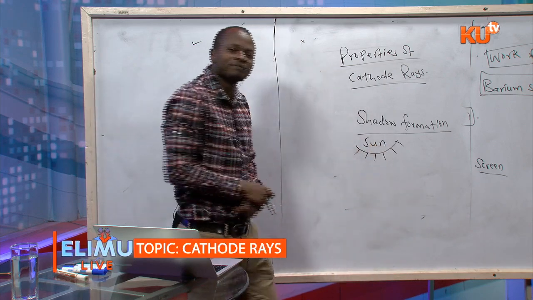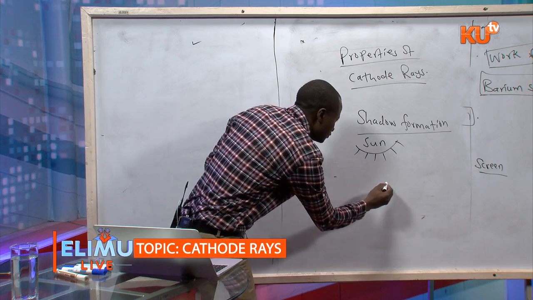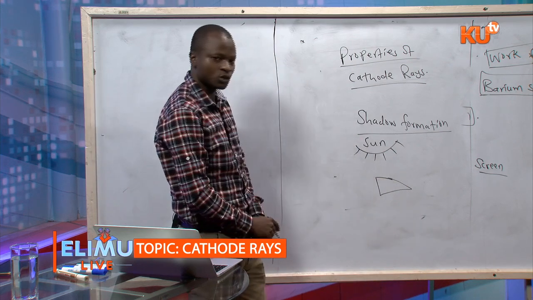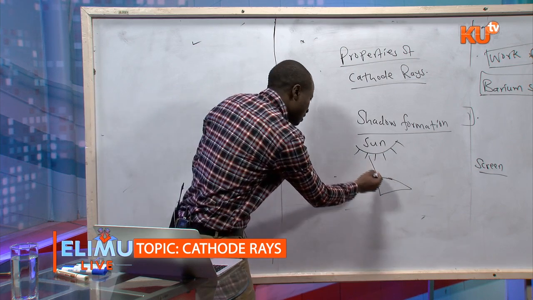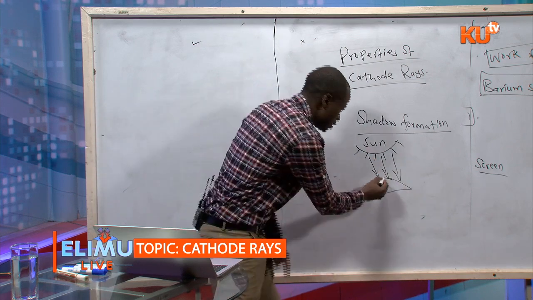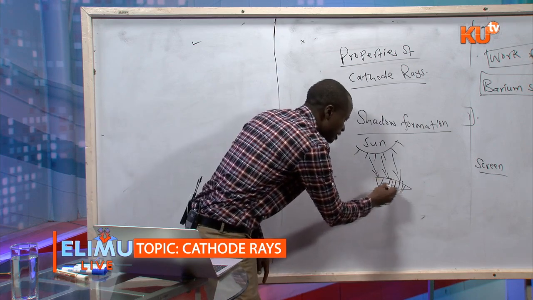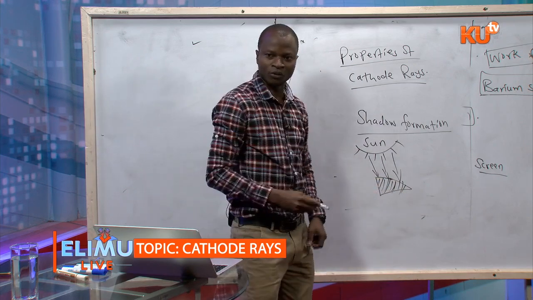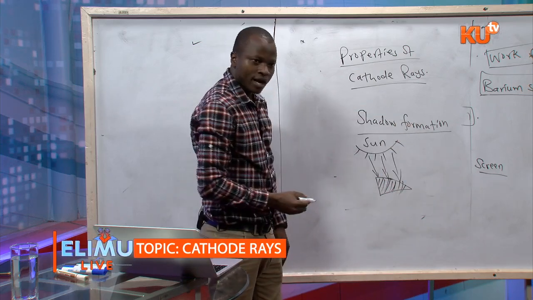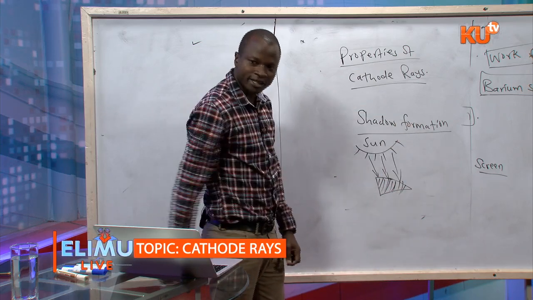And you have some opaque object here, like this. What will happen? As light comes, light travels in a straight line. On reaching this opaque object, opaque actually means light cannot pass through. What will happen? These light rays are stopped.